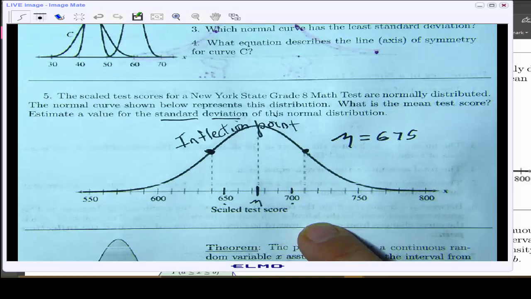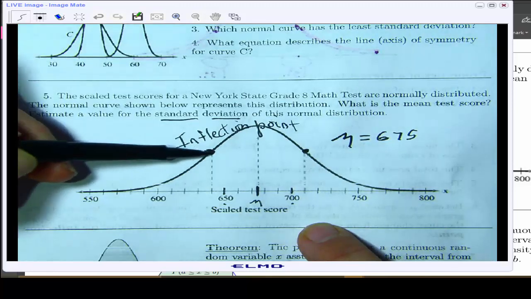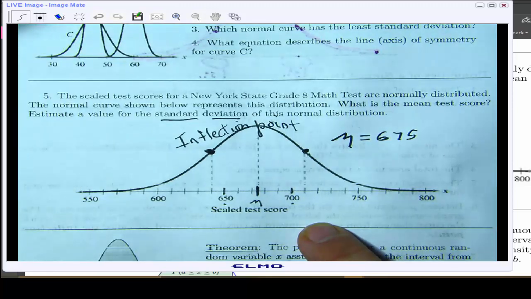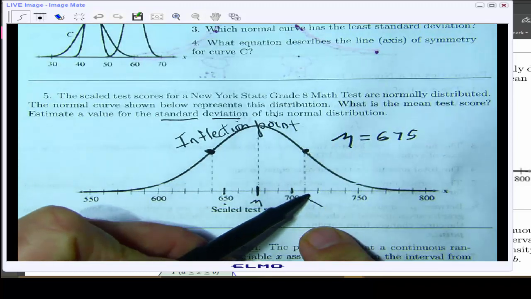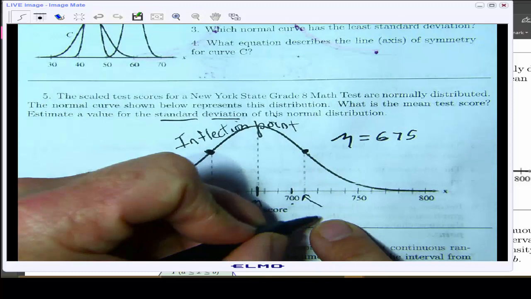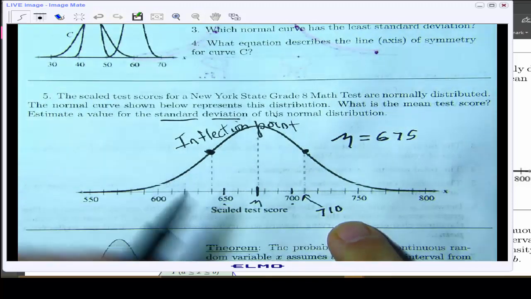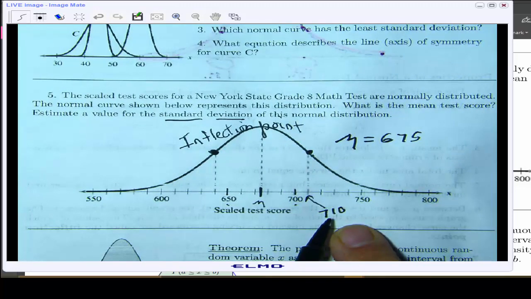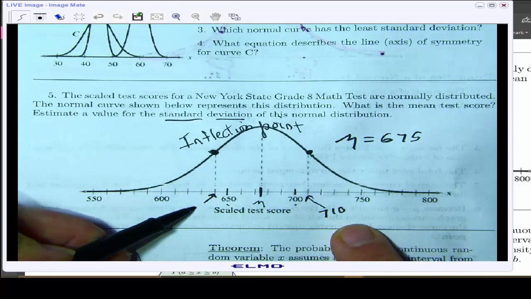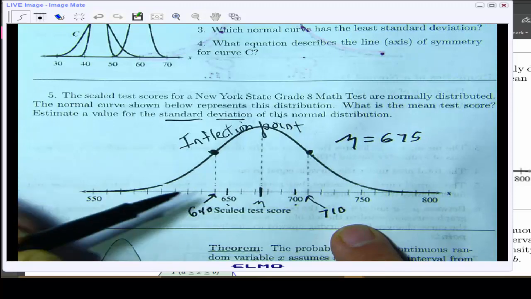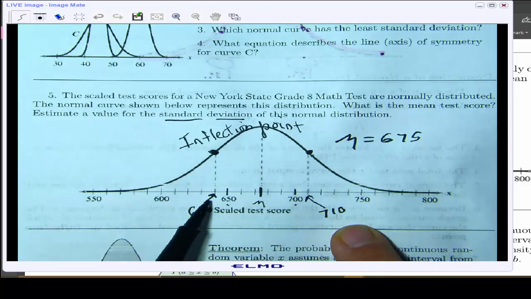We know that the inflection points mark the location where there's a change in concavity of the normal curve, but more importantly for us, we know that this point, which is 710, is exactly one standard deviation length above the mean. This point right here along the x-axis is at 640, and this point, 640, is one standard deviation below the mean.